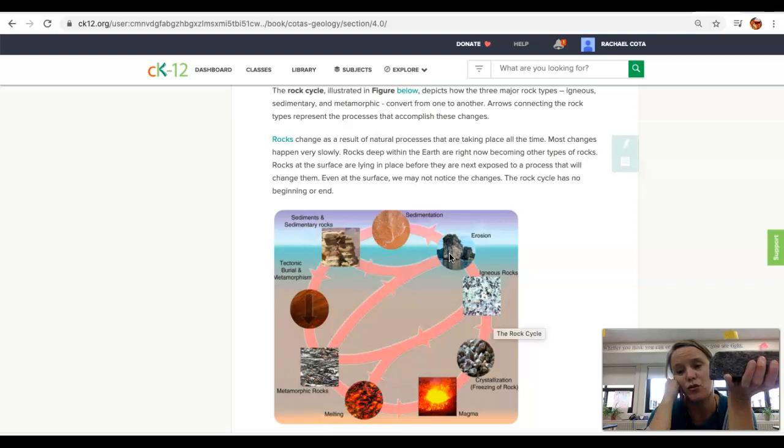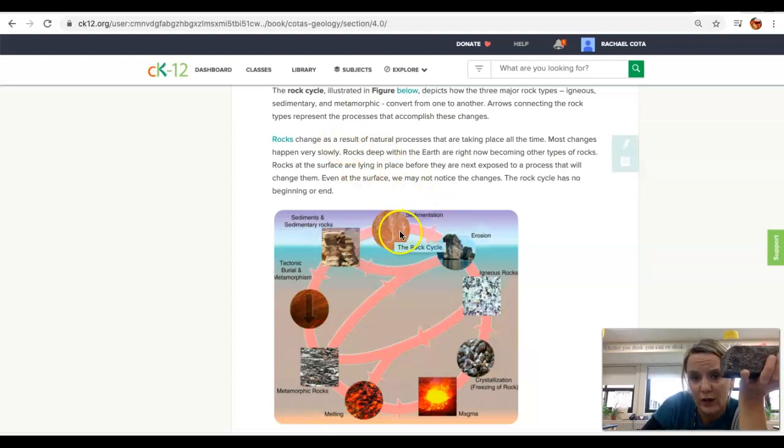Maybe it's subjected to a lot of water movement, and little bits and pieces of it come off and travel great distances, and they are broken up into tiny little bits called sediments, and those sediments then compact together on Earth's surface to become a sedimentary rock.